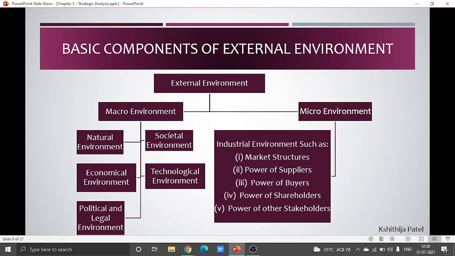Now, speaking about this technological threat, technological development is sometimes also related to low cost technology. So in such cases, an organization could strategically adopt new technology, and thereby increase its overall efficiency.